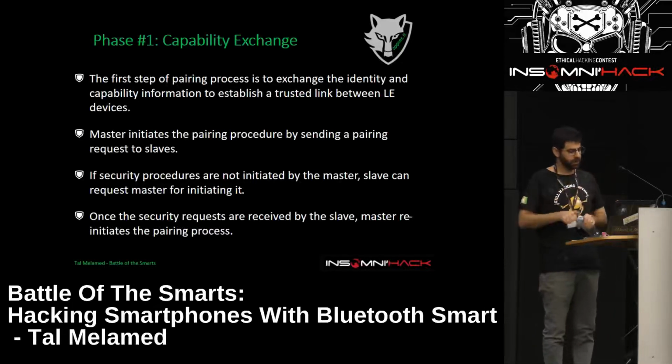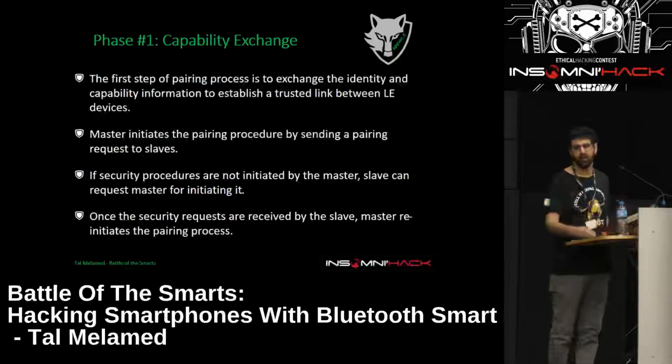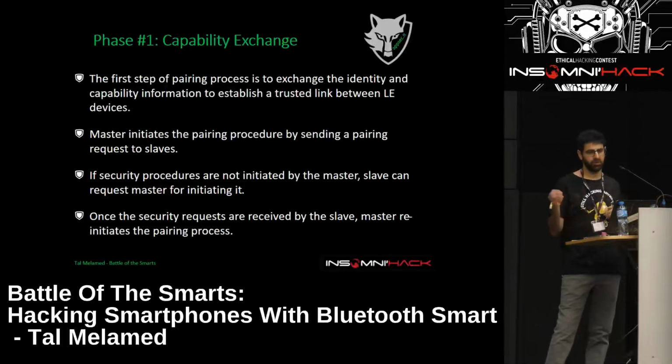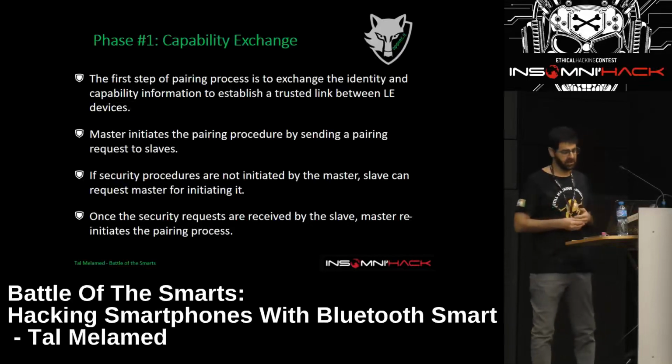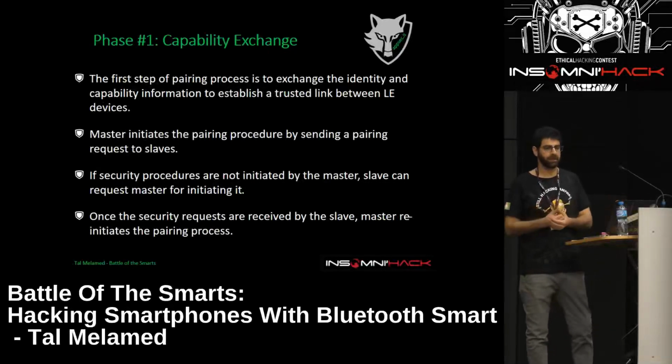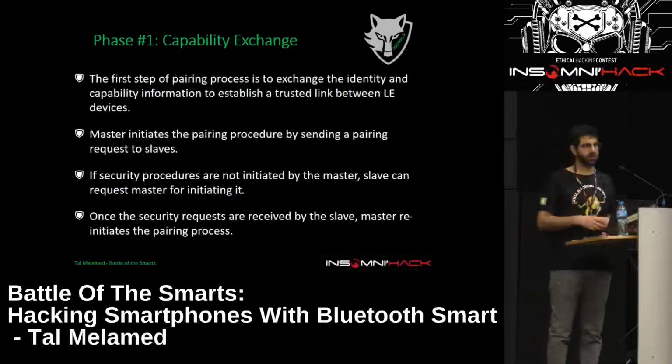Okay. So the first step when you want to connect to a device: let's say that we have an application that is going to talk to a Bluetooth device, and so they exchange capabilities. Each device has different pairing capabilities, and we'll see 3 types of capabilities in a second.